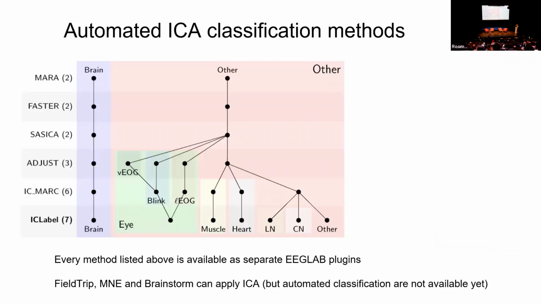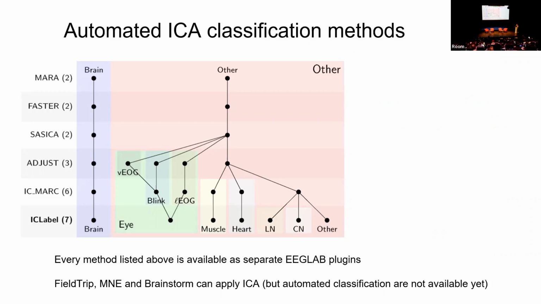So there are several automated ICA classification methods. Most of them just classify some kind of artifact. Some only detect EOG components, some only detect muscle or heart.